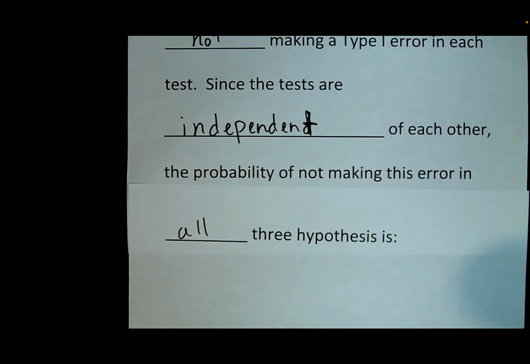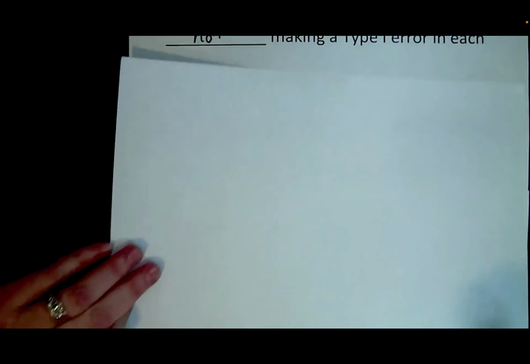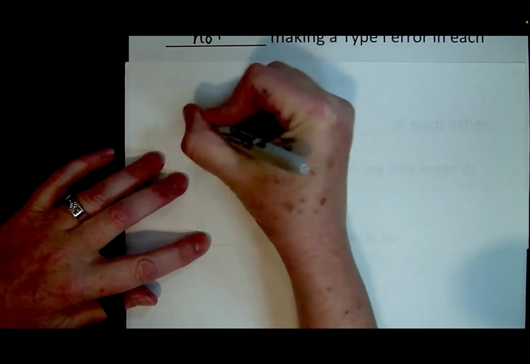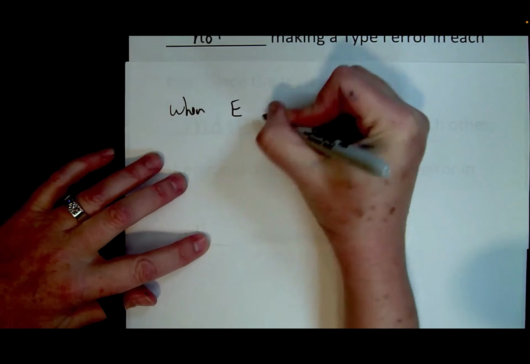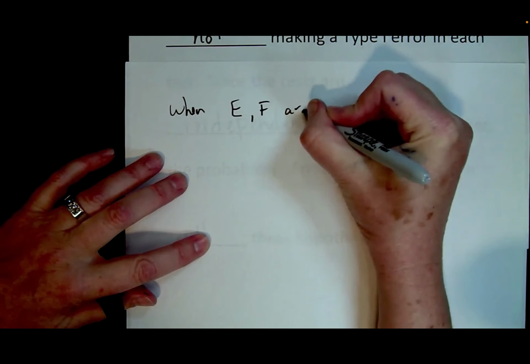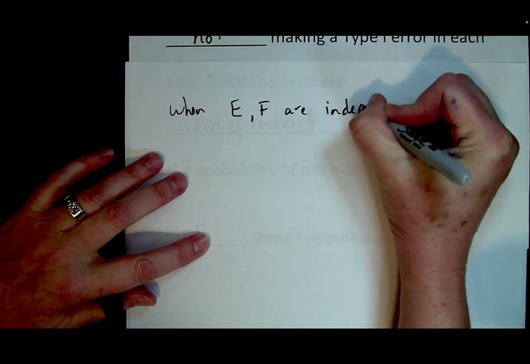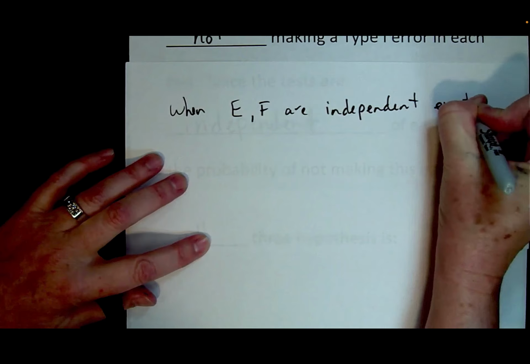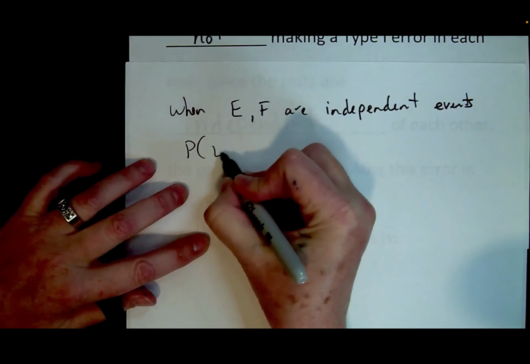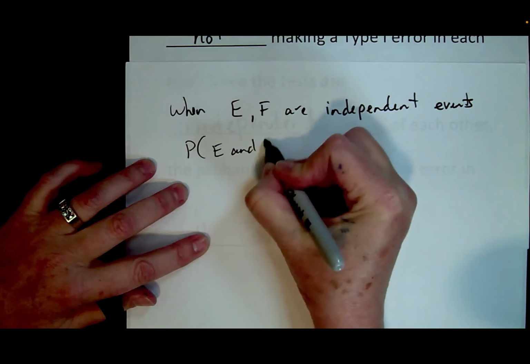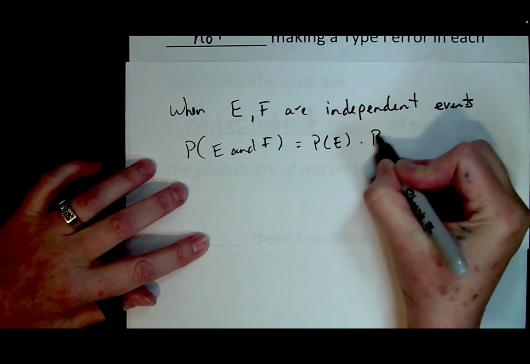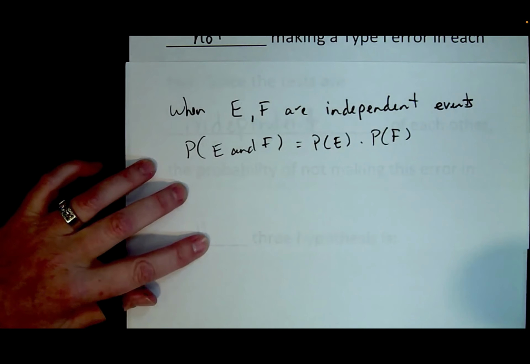You may or may not need this reminder, but remember that when E and F are independent events, the probability of having both E and F happen is the probability of E happening times the probability of F happening.